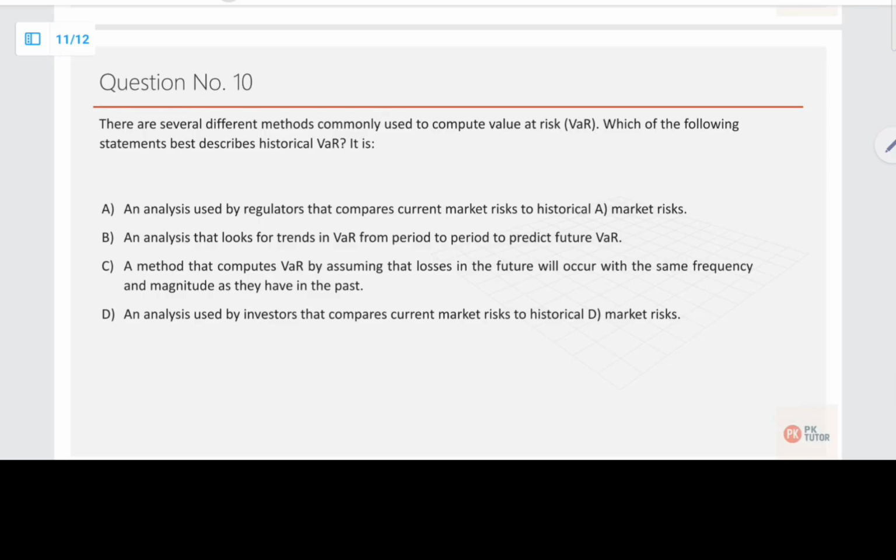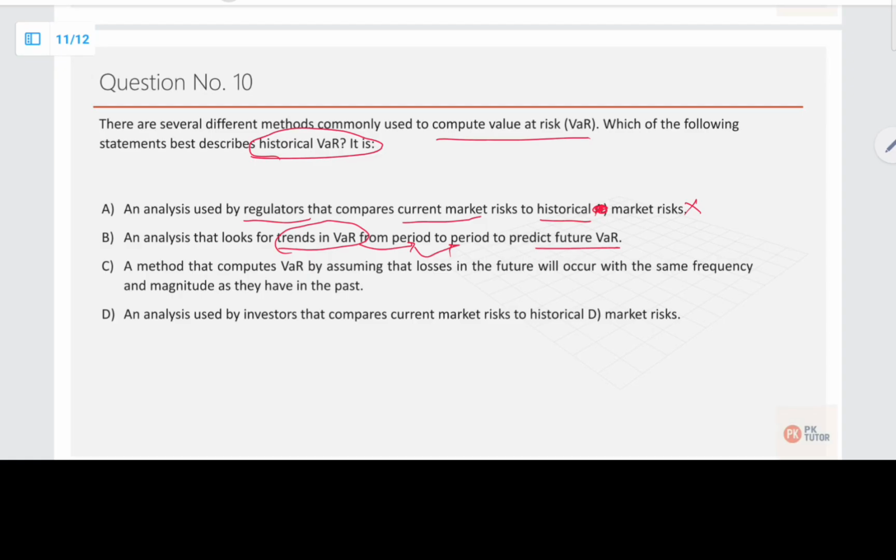Coming to the final question of the day, question number 10. There are several different methods commonly used to compute value at risk. Which of the following is historical VaR? An analysis used by regulators that compares current market to historical market risk? No, there is no such. An analysis that looks for trends in VaR from period to period to predict future VaR? Okay, this seems so because we are seeing trend from period to period.